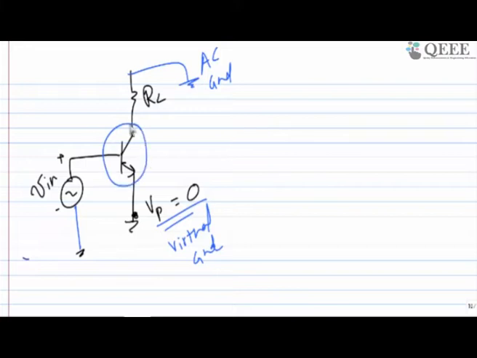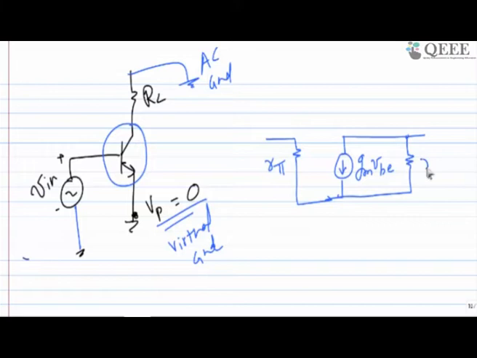And if I replace this transistor with the previous circuit, how should it look? It has to be R pi, there has to be GM times VBE, and the output of this one has to be R0. This is base, this is emitter, and this is collector. My emitter is connected to ground, which is virtual ground, the VP point.